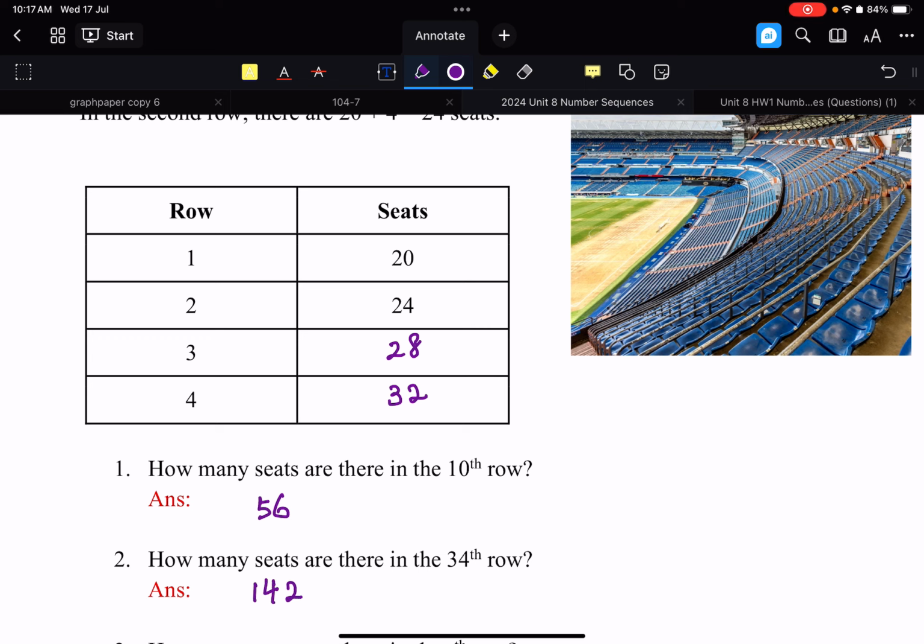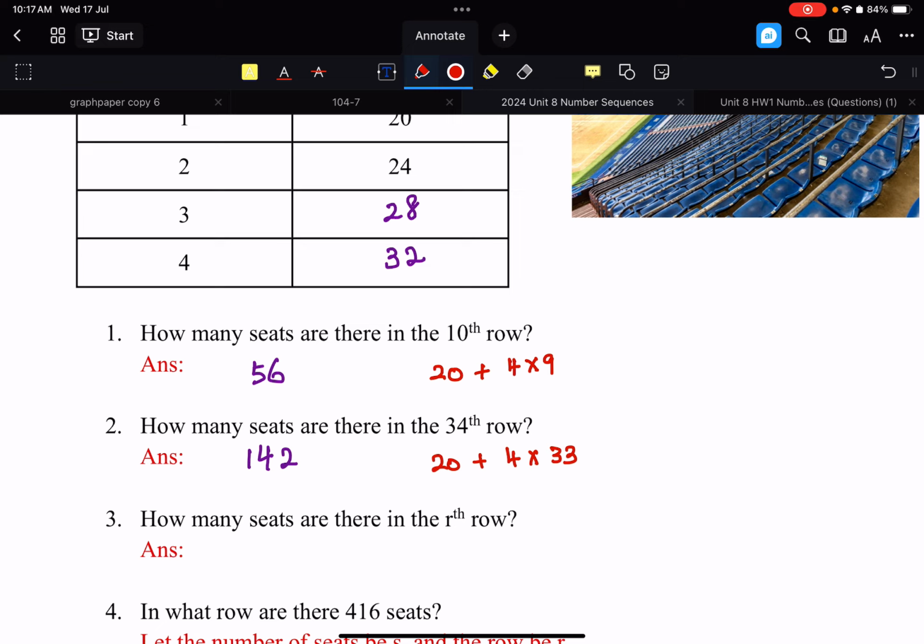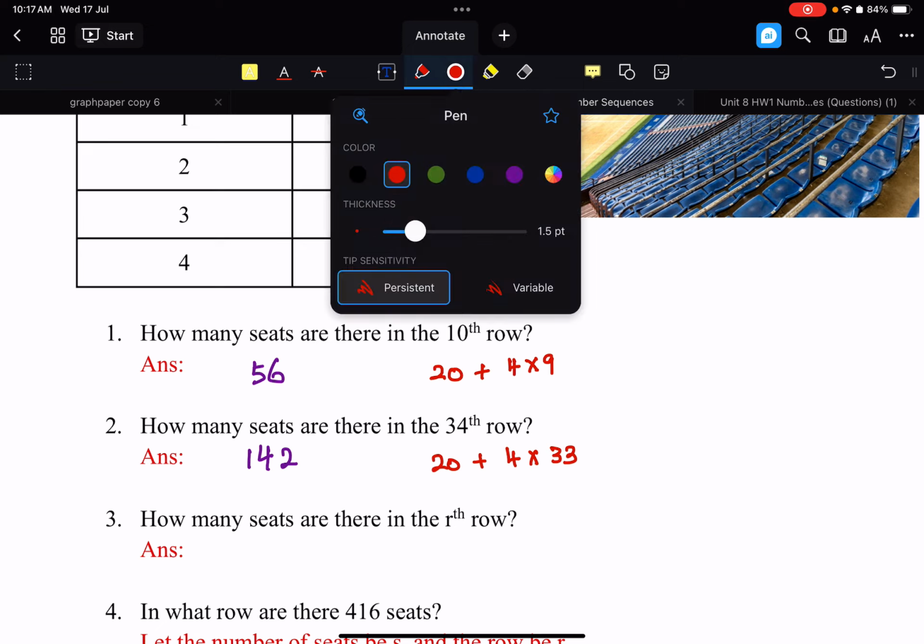So how do I actually get this? Well, it's actually 20. Let me change the color here. The first 20, right? And then after that, we are going to add 4, 33 times. Okay? So that's how we managed to get the number of seats. With this understanding, how many seats are there in the R-th row?